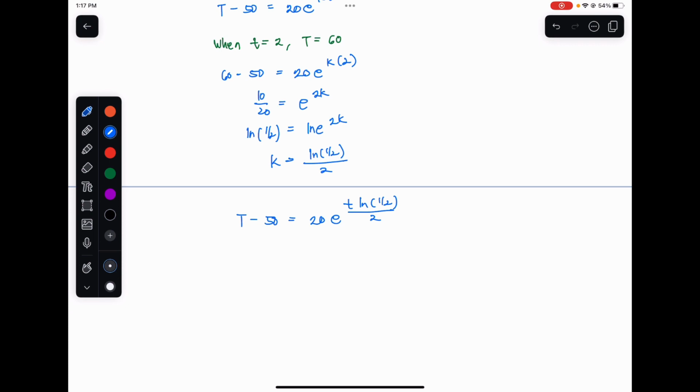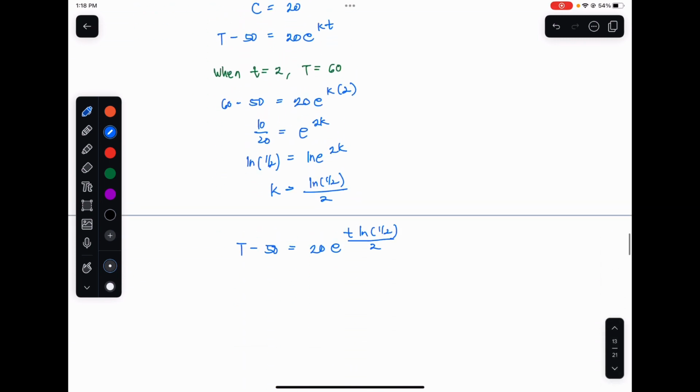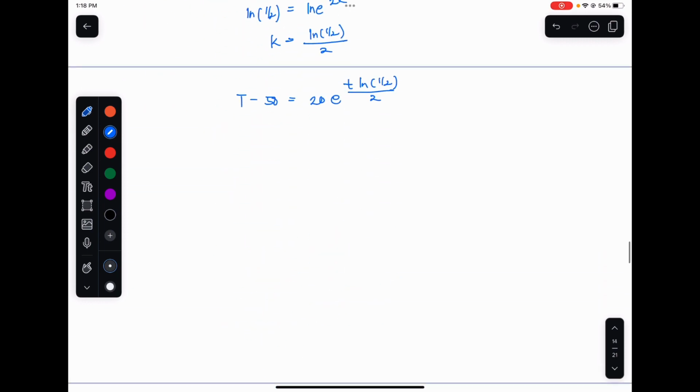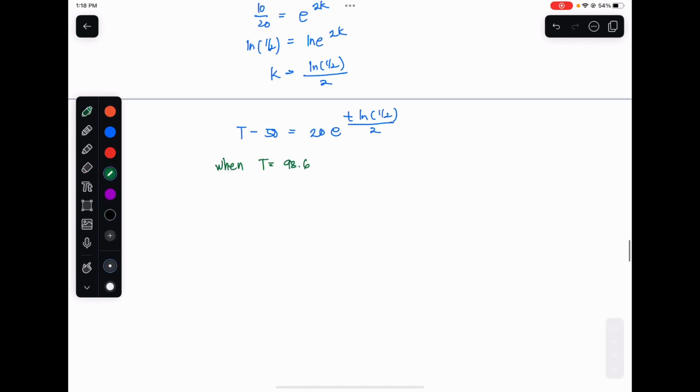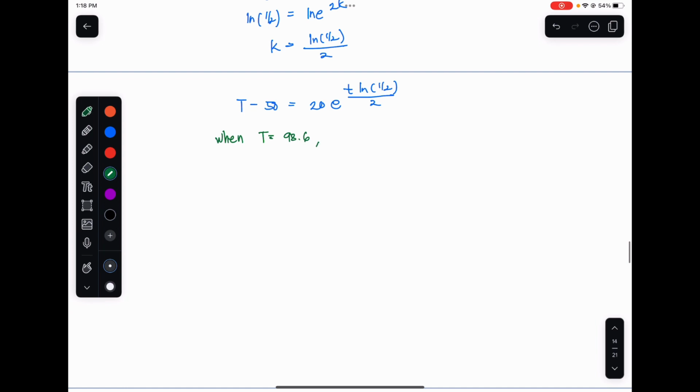So now we can solve for the time, when the temperature initially is 98.6. What would be the time?